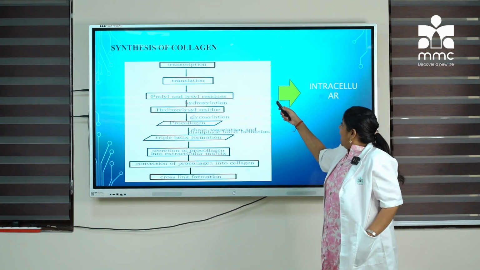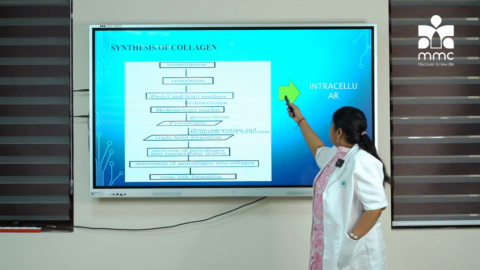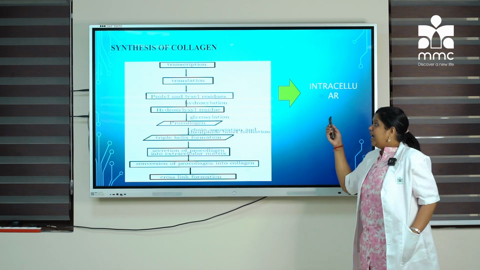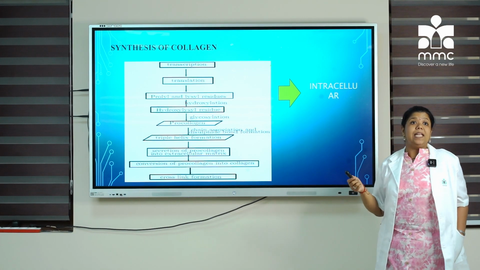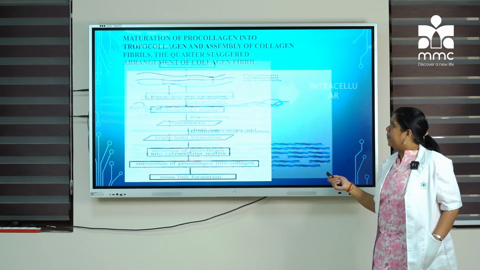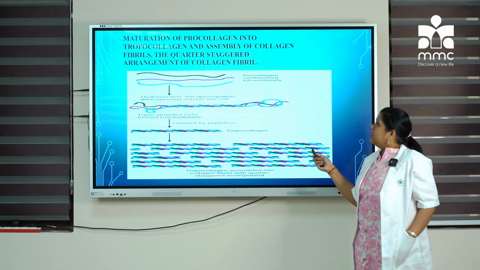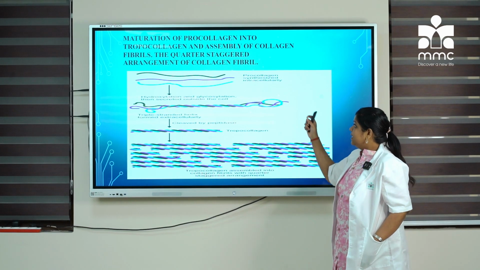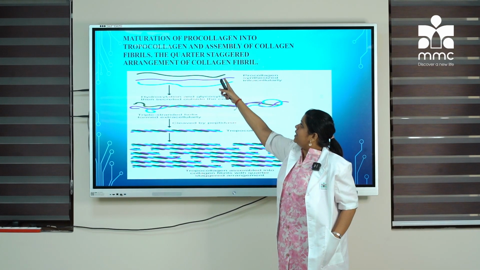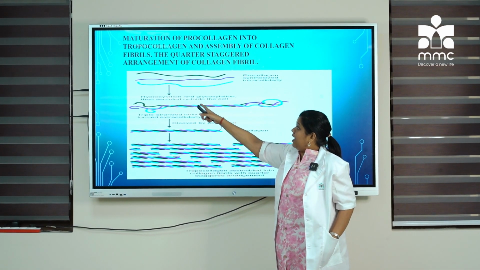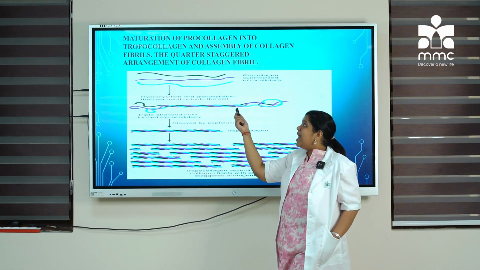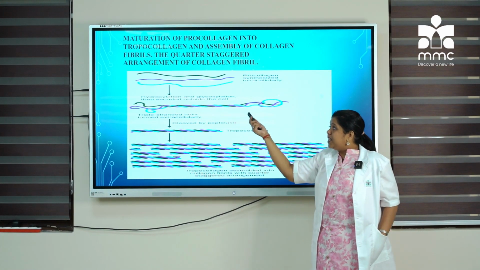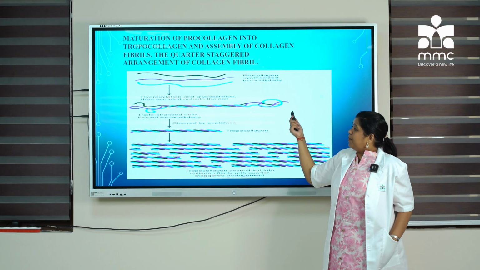See, up to the glycosylation, it is seen intracellularly. The other processes are seen extracellularly. This is the maturation of procollagen into collagen. That is, the procollagen is synthesized intracellularly, with hydroxylation and glycosylation, then secreted out of the cell as procollagen.